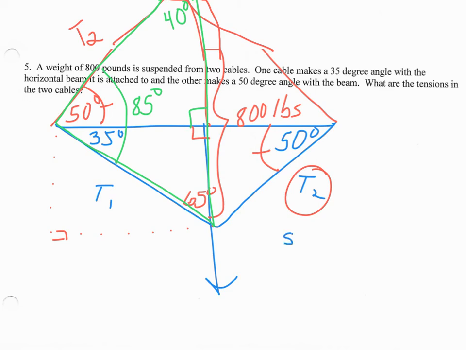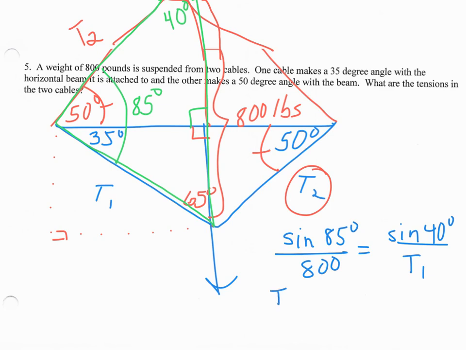Sine of the 85-degree angle over 800 equals, let's do T1 first, sine 40 degrees over T1. Okay, then if you do your cross multiplying, I get T1 to be 512.3 pounds.